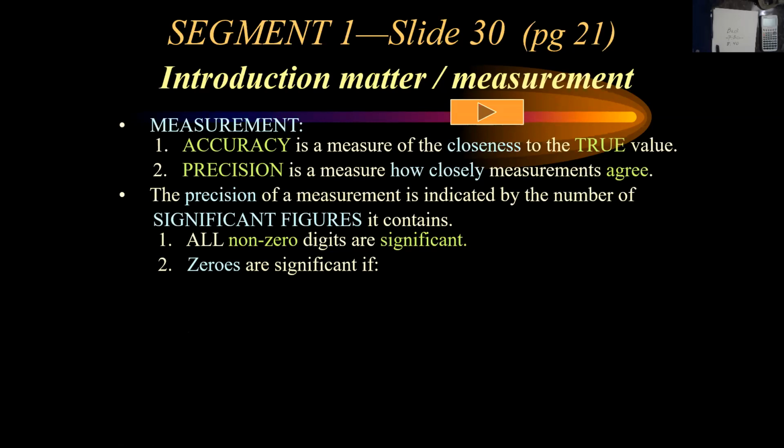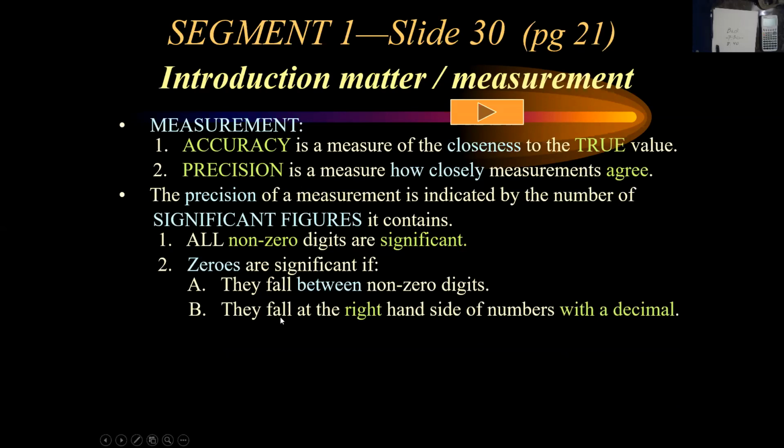Well, sometimes zeros are not significant and we don't count them. They just mean we've changed units, perhaps. Now, if a zero falls between two non-zero digits, it is also significant. So if I've got 7 and 8, those are both significant by rule number 1. But if I've got a 0 between the 7 and an 8, then that is a significant 0, if it falls between significant digits.